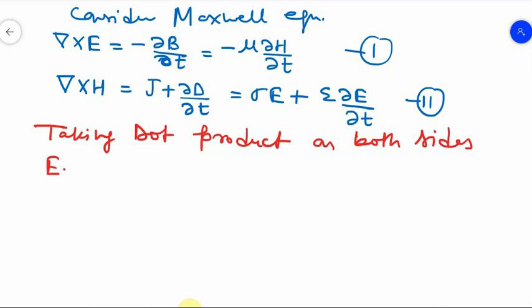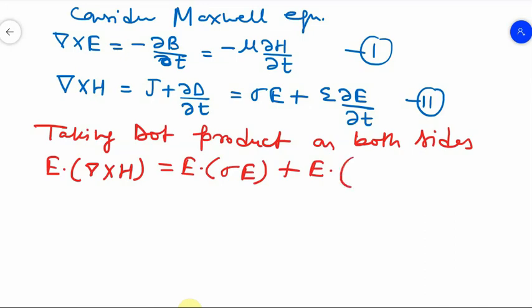E dot del cross H equals E dot sigma E plus E dot epsilon del E upon del T. Okay, and this one is your equation 3.